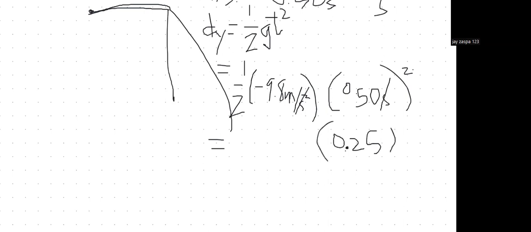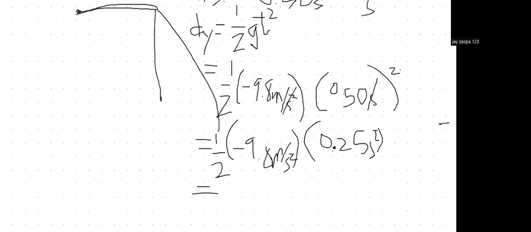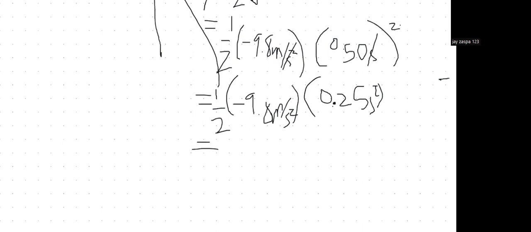Then you have the gravity of 9.8. Just put the units first so you will not be confused. So it's a negative 9.8 meter per second squared. So you write the one half here.